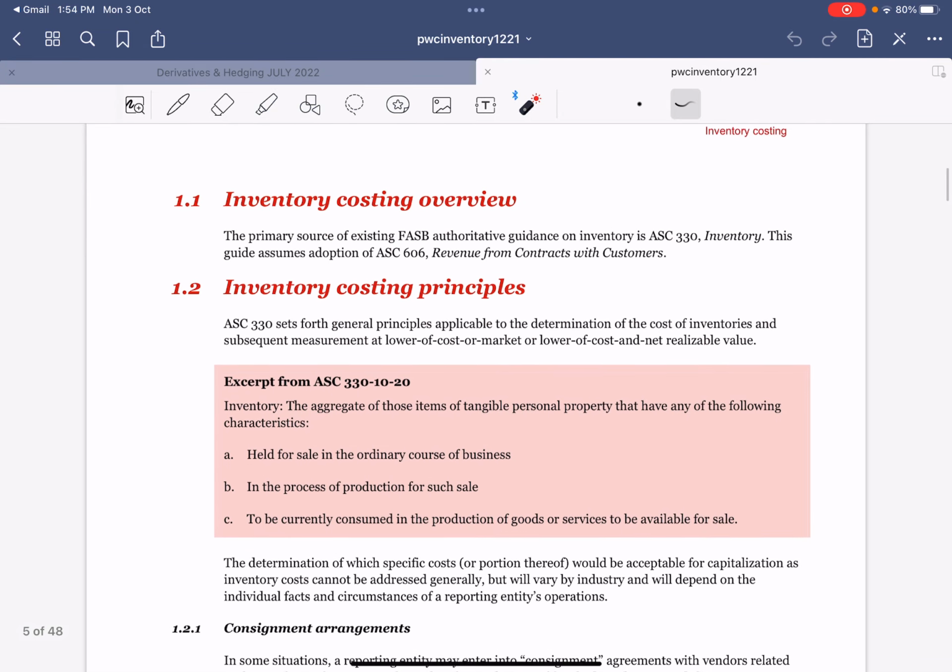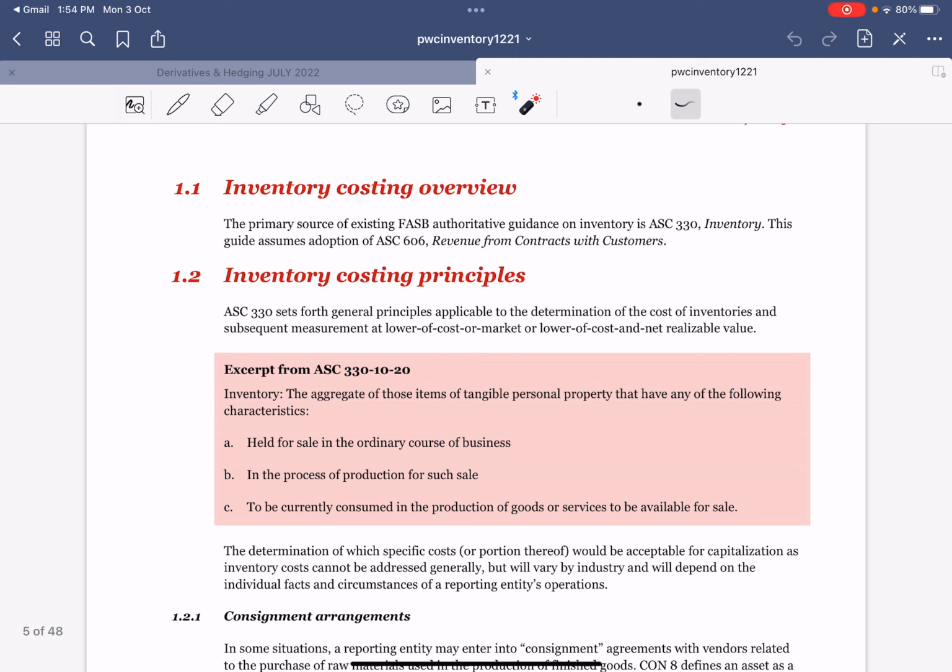The primary source of existing FAS authority guidelines is available in ASC 330, which is about inventory. This guide assumes the adoption of 606, the new revised revenue recognition standard.